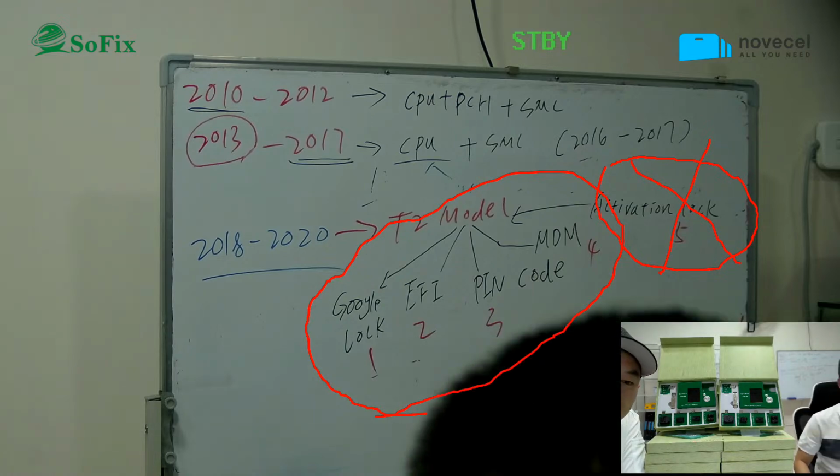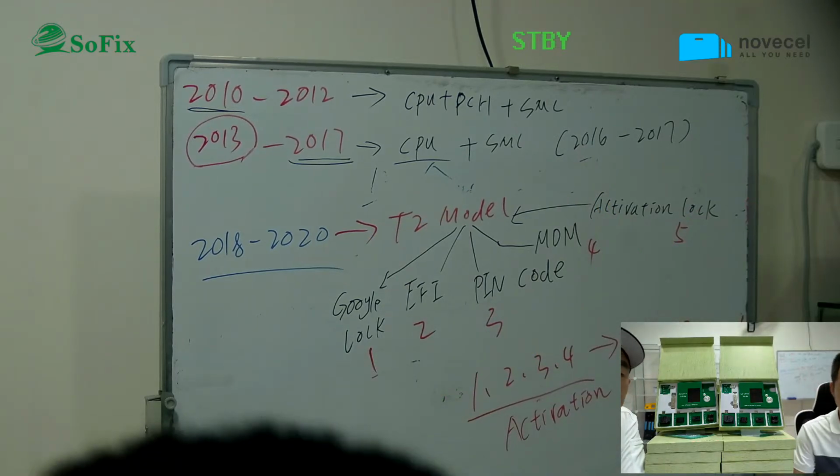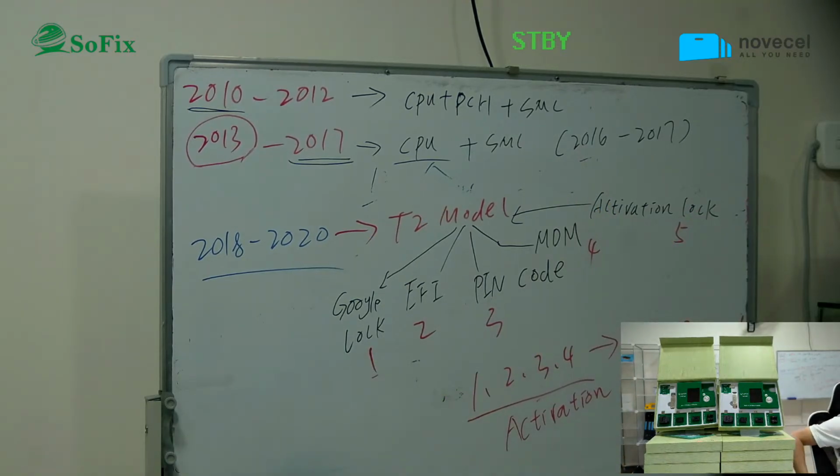So this is about our first one, the configuration. The 2010-2012 models use the CPU and the PCH, and you can rewrite the BIOS data, because the 2010-2012 models didn't have the ME.